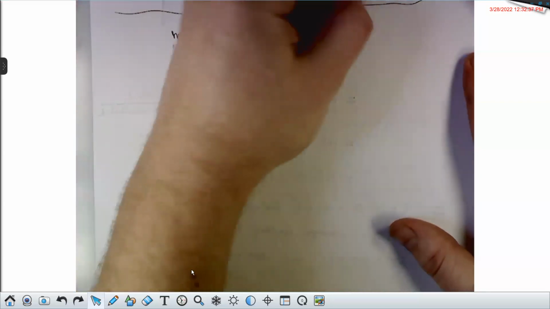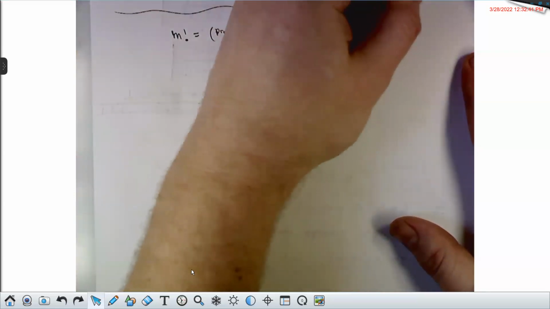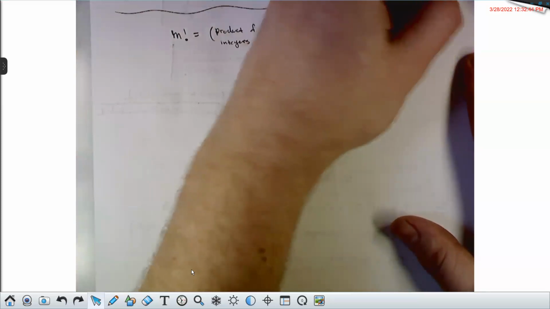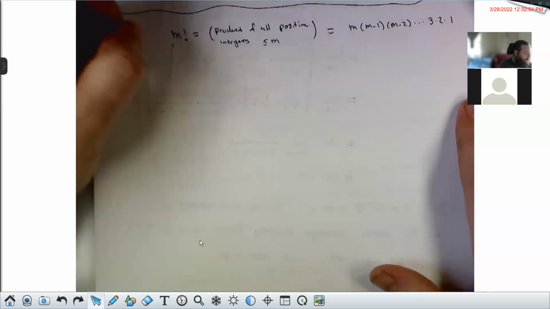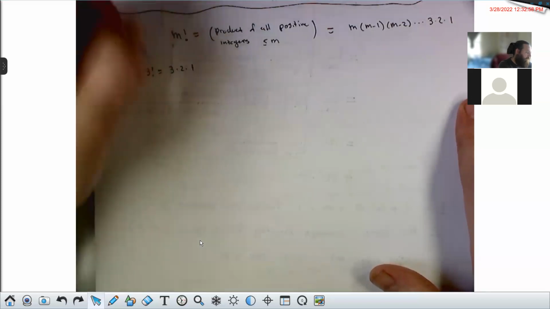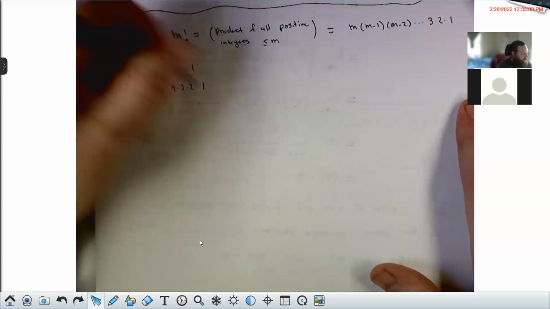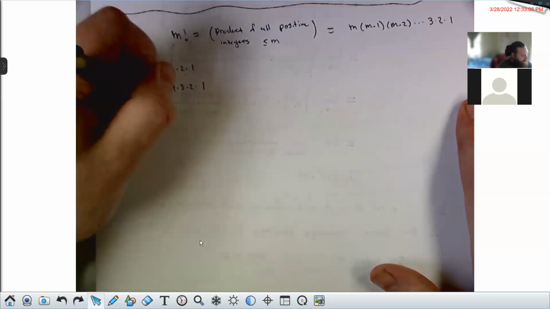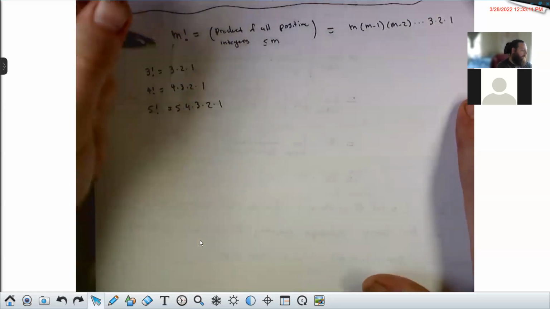And generally we write that as n times n minus 1 times n minus 2 all the way down to 3 times 2 times 1. Right, so we're going to take every integer that is less than or equal to the thing being factorial and multiply it. So right, 3 factorial is 3 times 2 times 1, 4 factorial is 4 times 3 times 2 times 1, 5 factorial is 5 times 4 times 3 times 2 times 1, and so on.